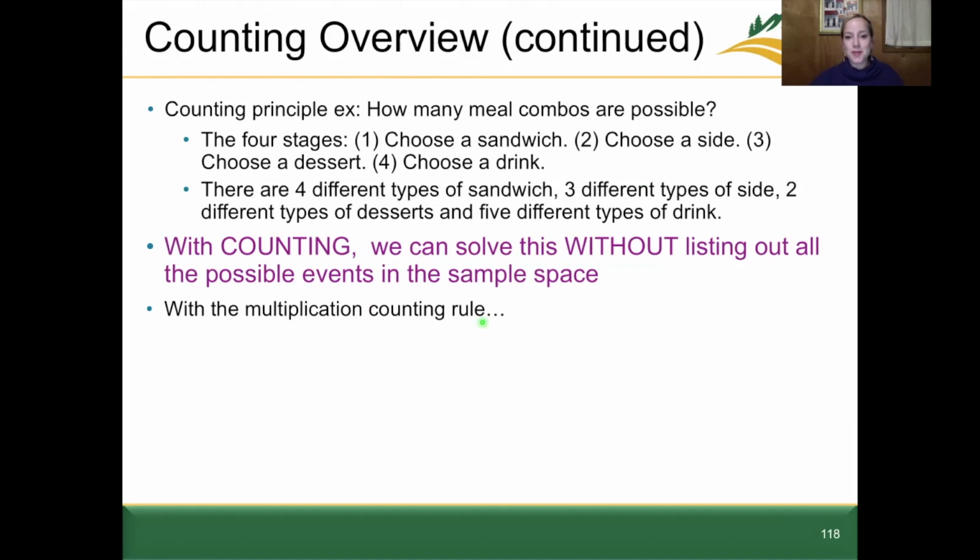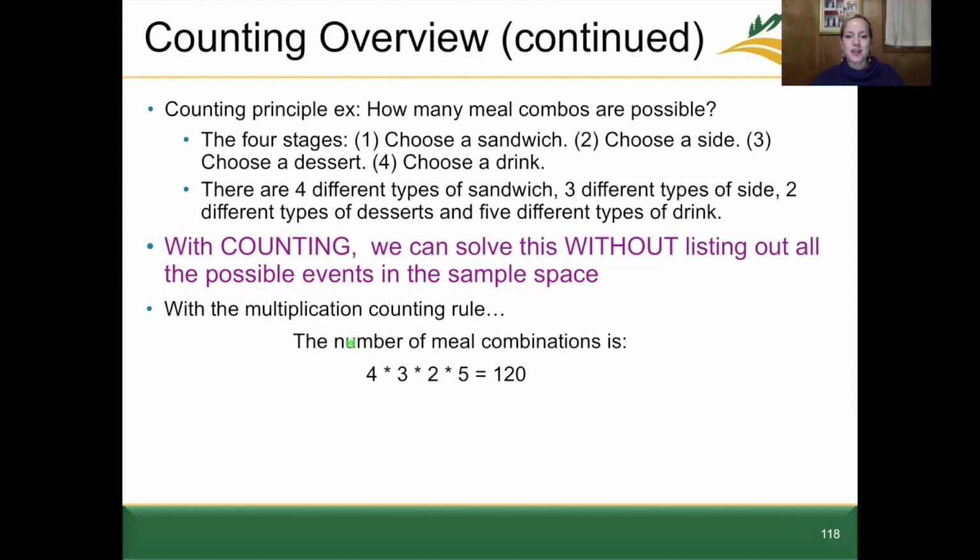Now, using the multiplication counting rule, we can say for this first stage, which would be the sandwich, we have 4 different possibilities. For the second stage, which is choosing a side, we have 3 different possibilities. The third stage is selecting the dessert. Here we have 2 different possibilities. For this fourth stage, we're choosing a drink, and we have 5 different drink options.